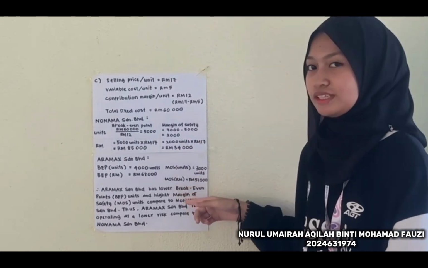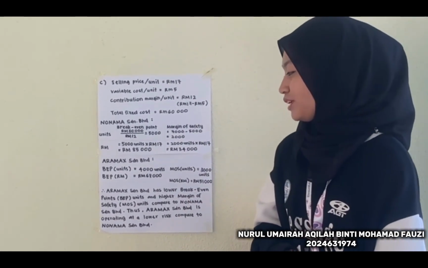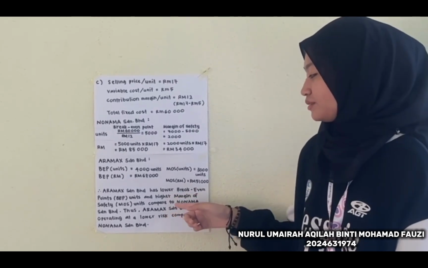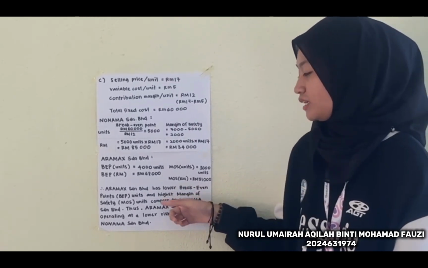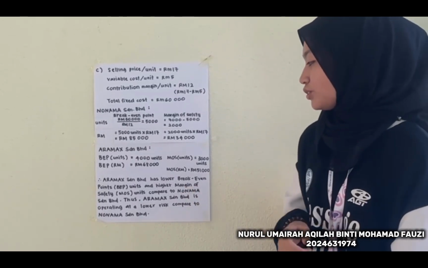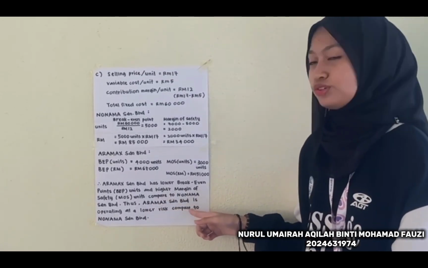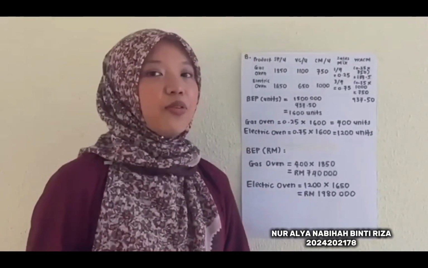So the conclusion is Arama Sendirian Berhad has lower break-even point in units and higher margin of safety in units compared to Nonama Sendirian Berhad. So Arama Sendirian Berhad is operating at a lower risk compared to Nonama Sendirian Berhad. This is the last question for 1B.